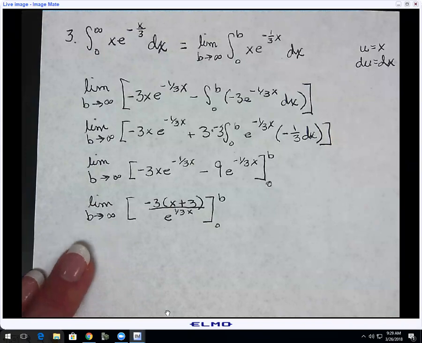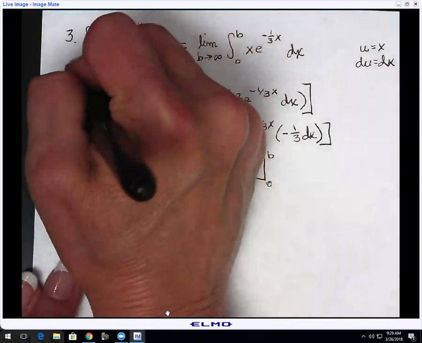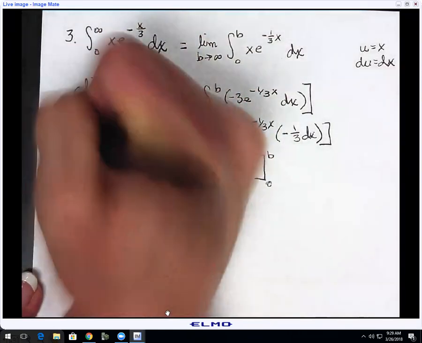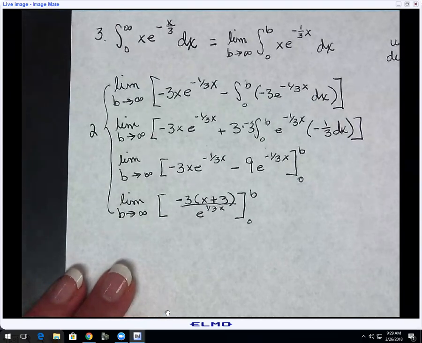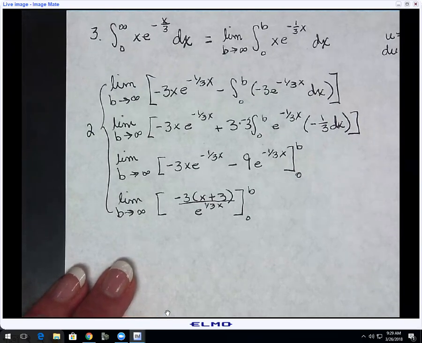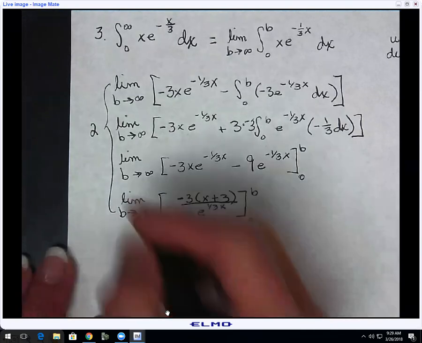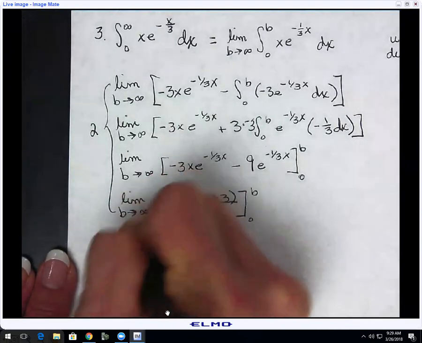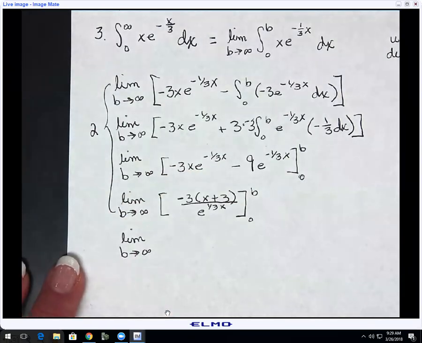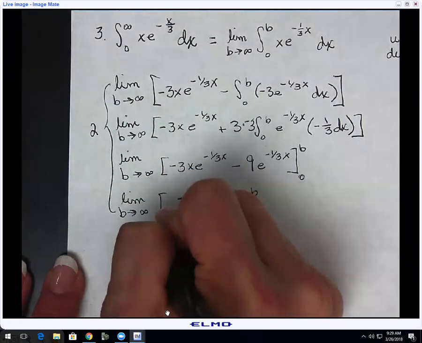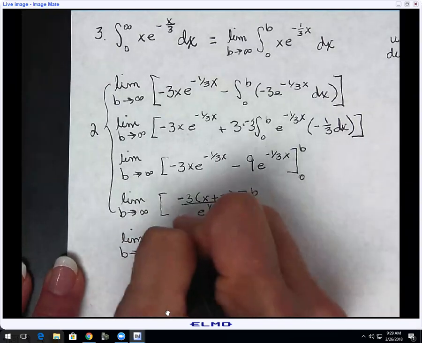All right. All of that was step 2, find the indefinite integral. And so step 3 is evaluate that with the fundamental theorem of calculus. Put b in the place of both x's.